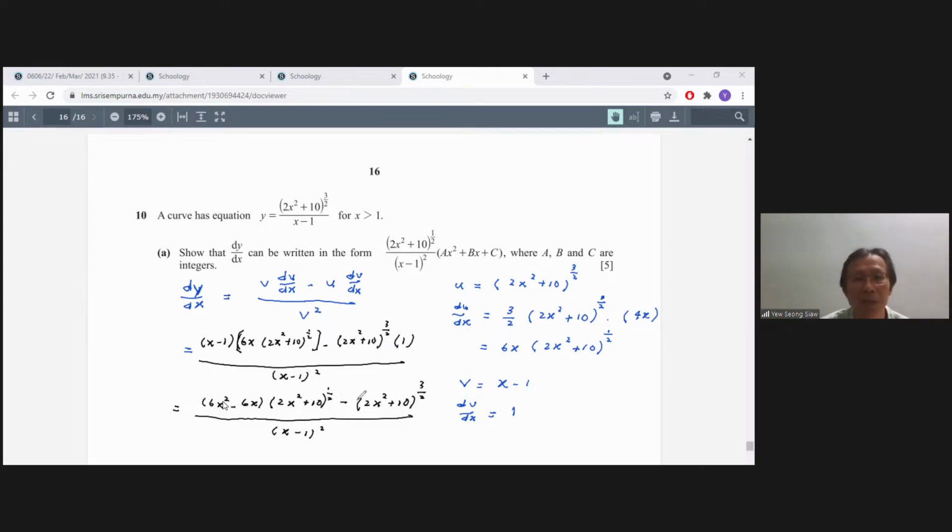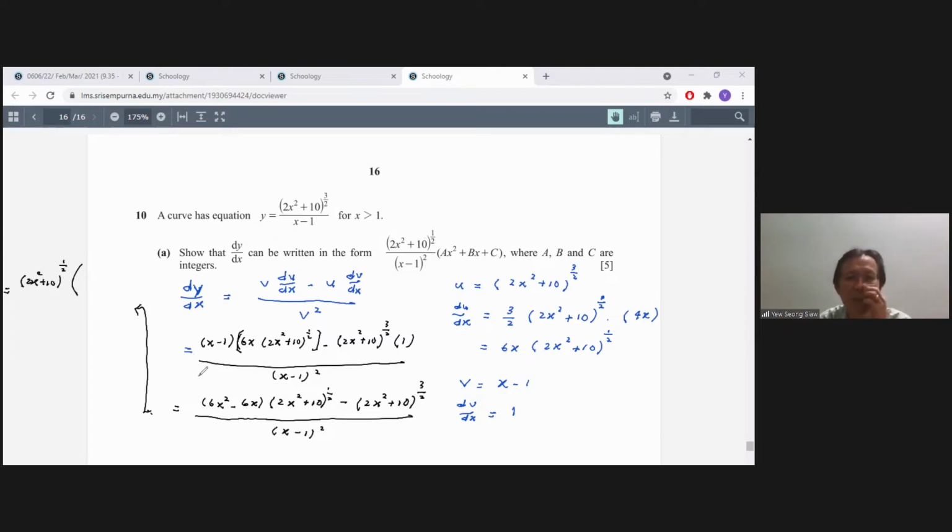The power is different. So can you take out? Here is half, isn't it? So you take out the power half. Then you factorize the other two. 2x squared plus 10, the power 1 over 2 you factorize.